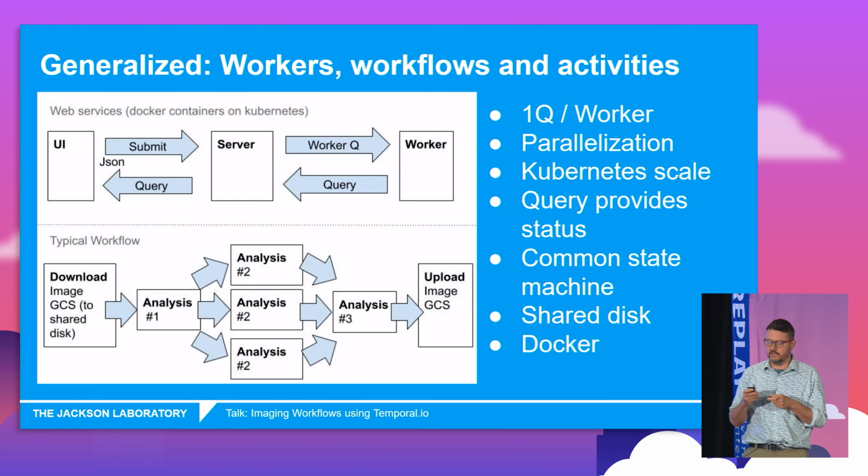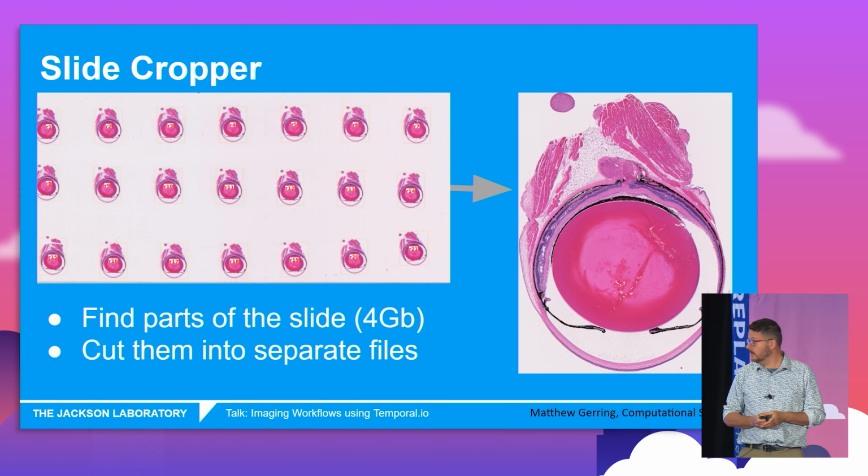Obviously, you can straight away see that you're going to need some kind of shared disk, because you're not going to want to keep downloading that huge image. So we have a shared disk between all the workers of a given type, and they use the workflow ID from Temporal to store that image. If it's parallel, they'll all go back and hit that one image on shared disk, and that's just using features within Google, because we're using Google Cloud.